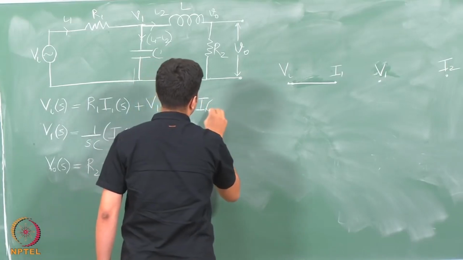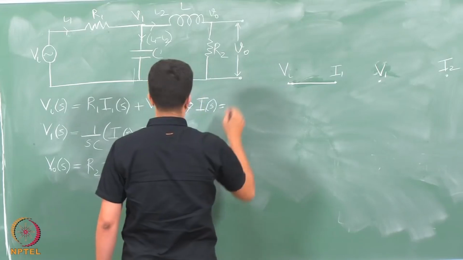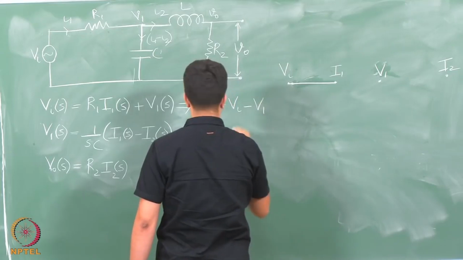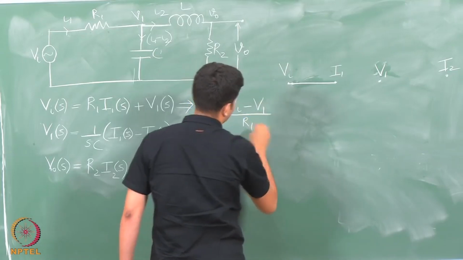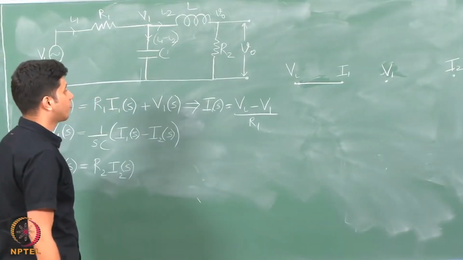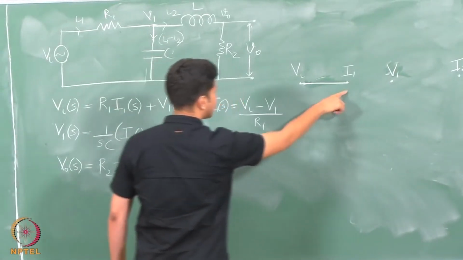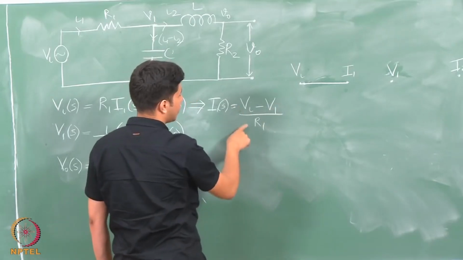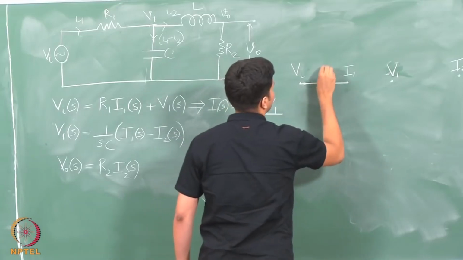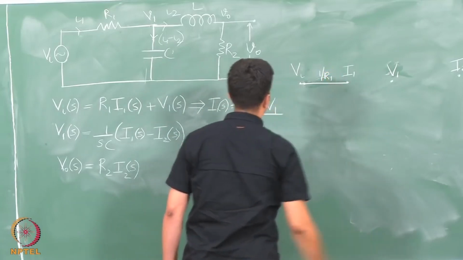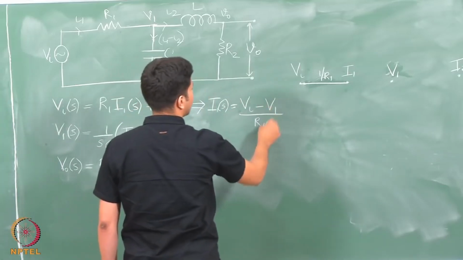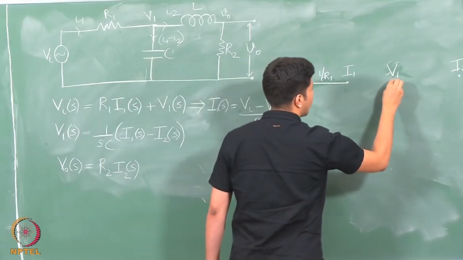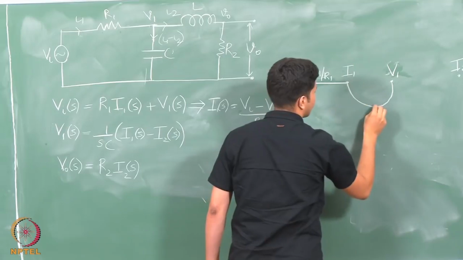So, what is I1 of S? It is nothing but Vi minus V1 divided by R1. So, my I1 is depending on Vi and V1. The factor with which it depends on Vi is 1 by R1, so my gain on this will be 1 by R1, and with a negative 1 by R1 it depends on V1. So, I will write it as feedback.